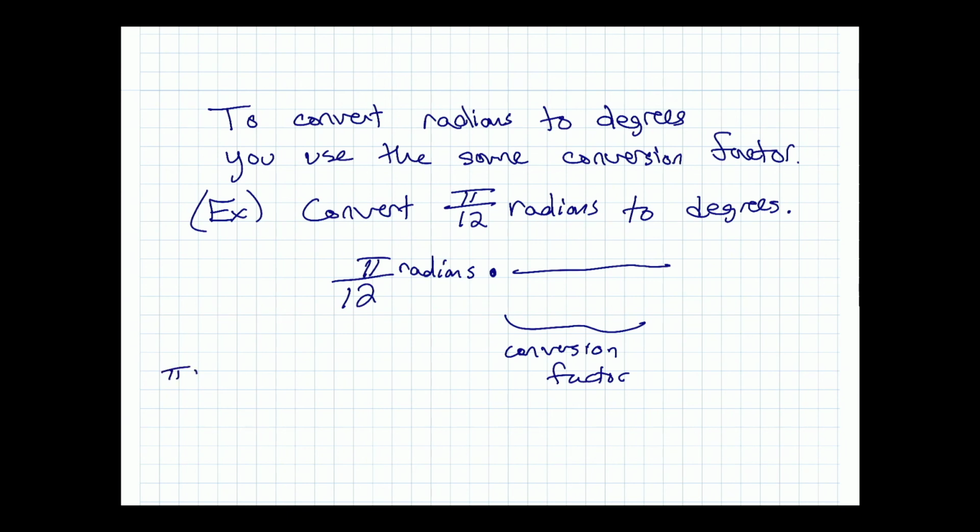So you've got pi radians equals 180 degrees, just like before. But this time, you're going to put the 180 degrees on top, and you're going to put the pi radians on the bottom. So radians will cancel, and degrees will be left. So do you see how that works? You just have to get the conversion factor the right way around.